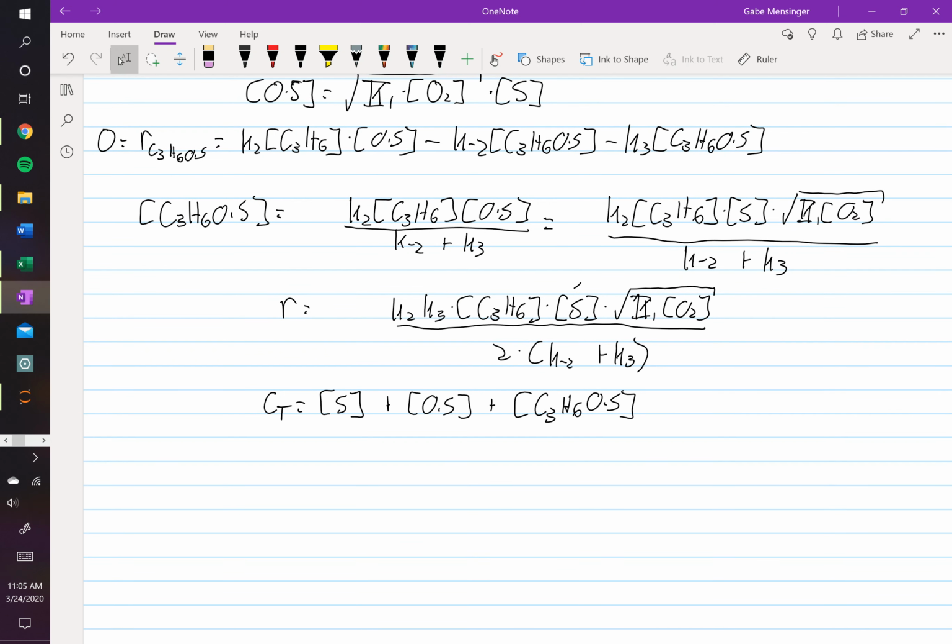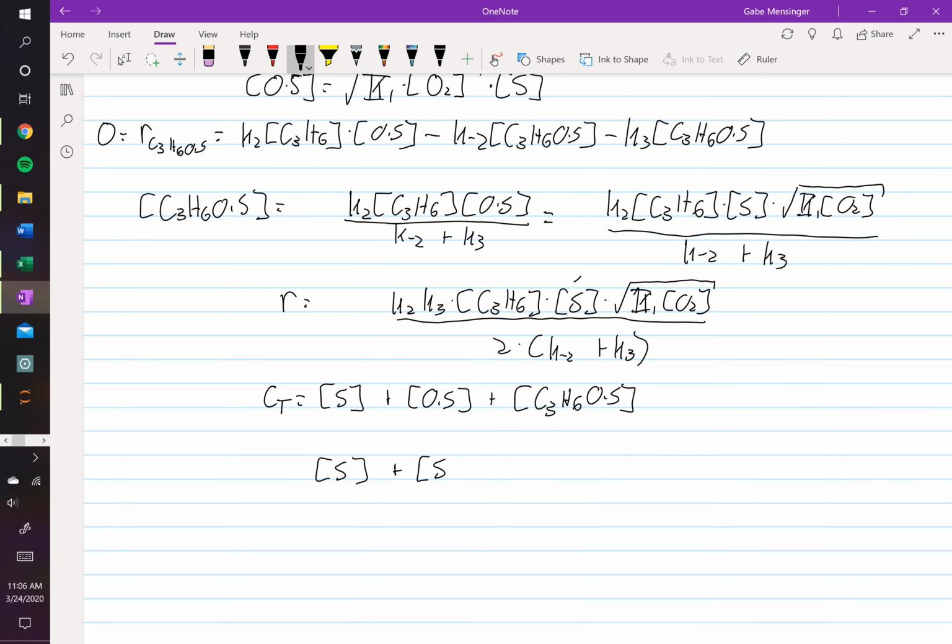And we do have expressions for each one of these, so we will leave S the way it is, because that's ultimately what we're trying to solve for. We know our expression for the OS first, and then we know our expression for C3H6OS.